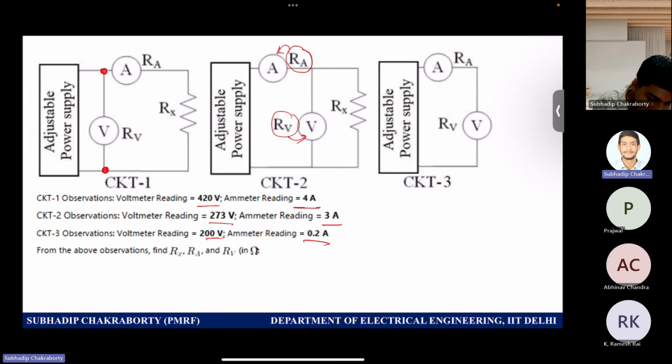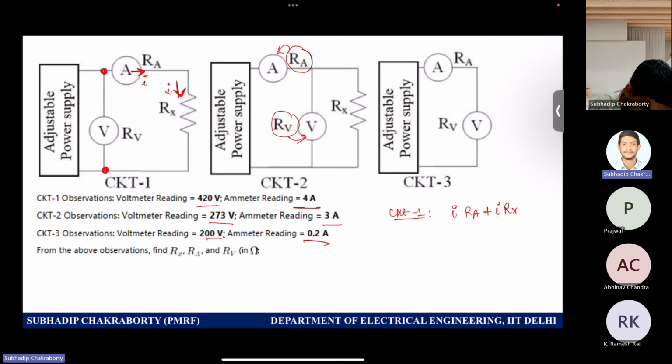If I assume the current recorded by the ammeter to be I for the first configuration, then for circuit 1, I times RA is the voltage drop across the ammeter, plus the voltage drop across Rx. The same current will flow through Rx because they are in series, so the same current multiplied by Rx.